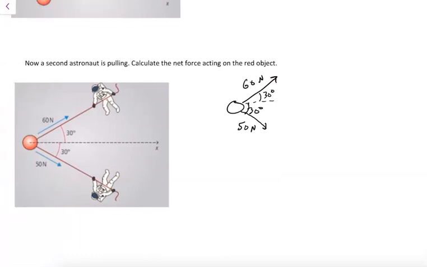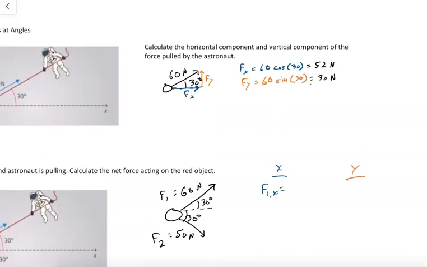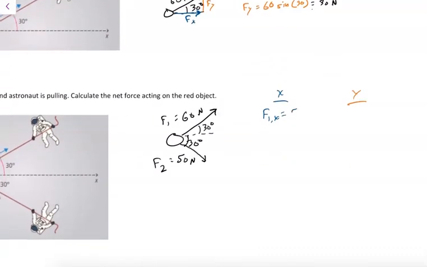So let's call this 60, F1, and let's call this 50, F2. And so we need to find our x values and our y values. So our x values, well, we have F1 of x. We already solved for that up here because 60 cosine of 30 is 52 newtons. And then we need to find our F2 of x, which is 50 cosine of 30.